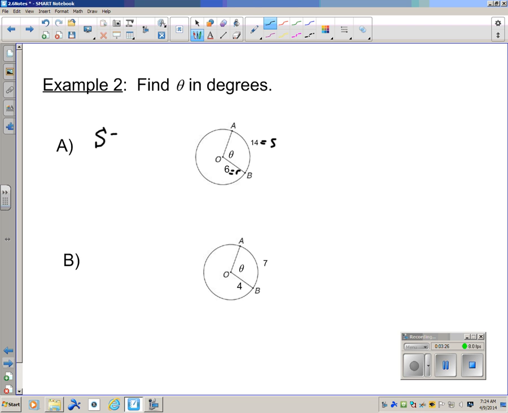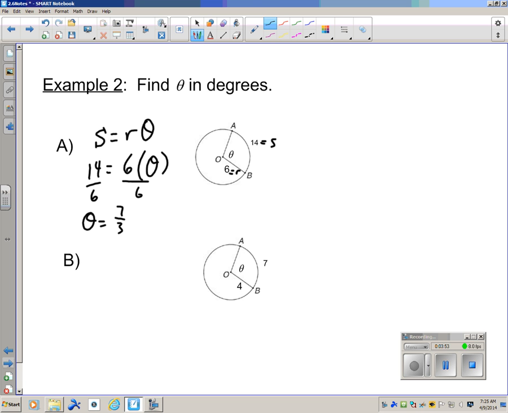Arc length is 14, R is 6, and we want to find theta. When we find our answer, it's going to be in radians, and then we're going to have to convert it into degrees. So theta equals, reducing that down, I can divide them both by 2, and I get 7/3.